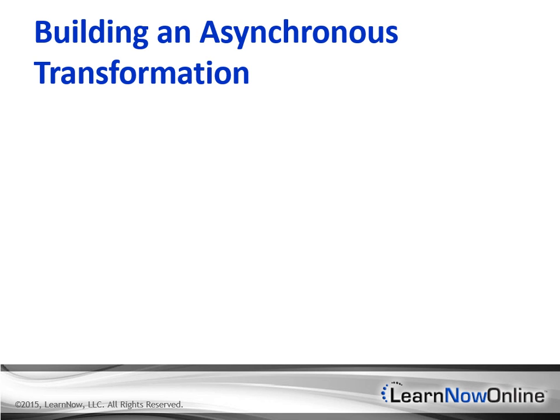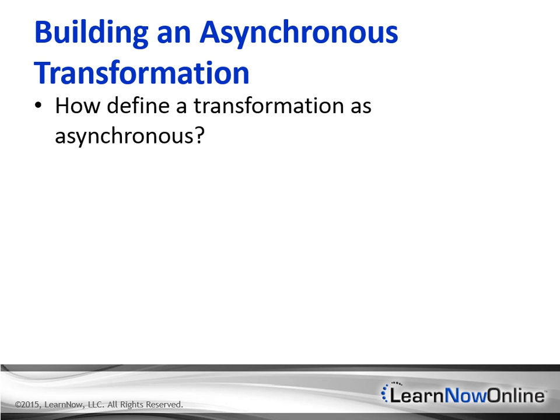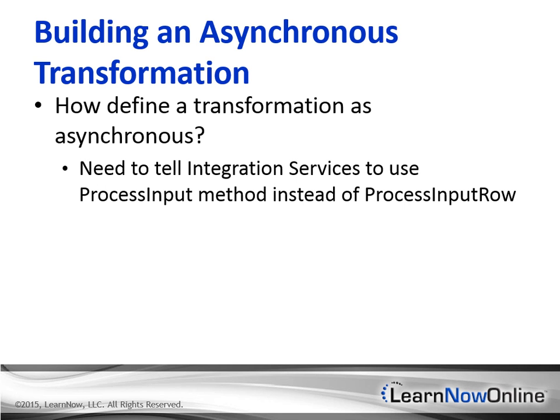All right, so at this point you're probably asking, that's all well and good, but how do I notify the Integration Services runtime that I'm building an asynchronous transformation so that it calls the ProcessInput method and not the ProcessInputRow method? That's what you were thinking, right? Well, the answer to the question is simple: metadata.